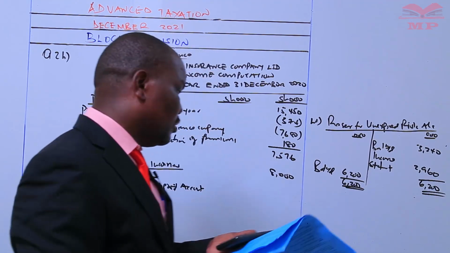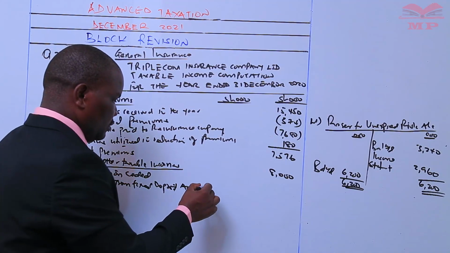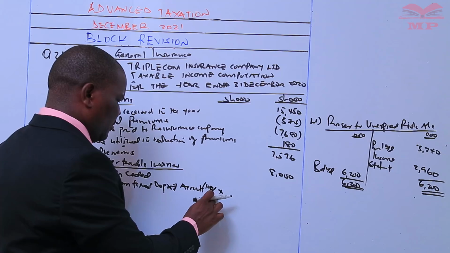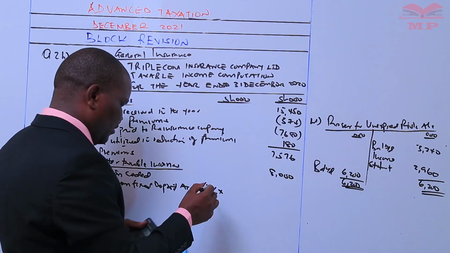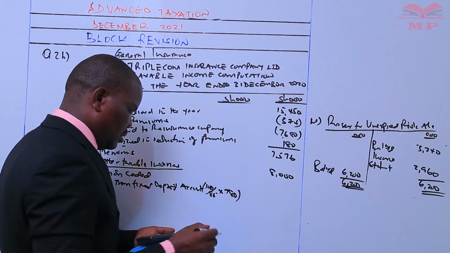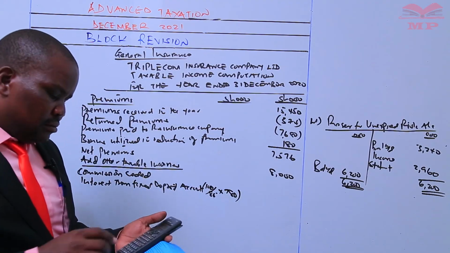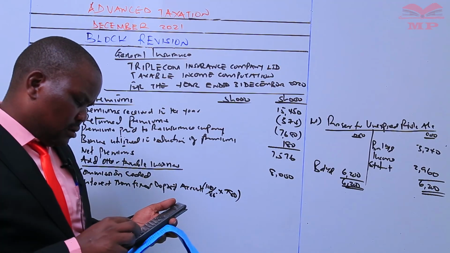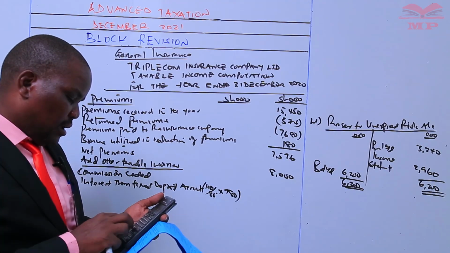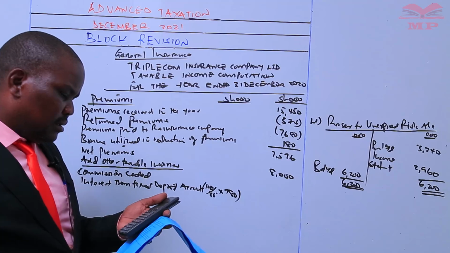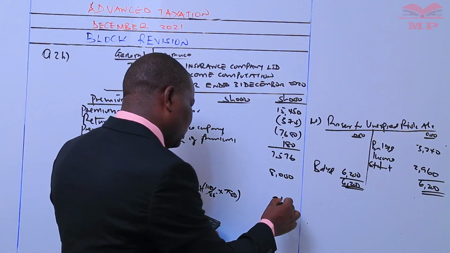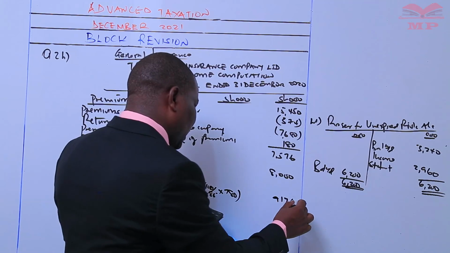So what we do is to gross up the amount. We do 100 over 85 times the amount given. The amount given as having been received is 780,000. So we shall have 100 over 85 times 780. It means the gross taxable amount is 917.65.